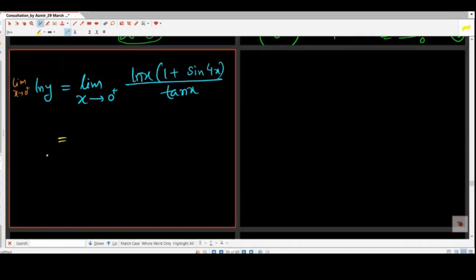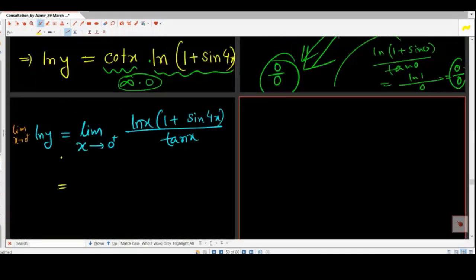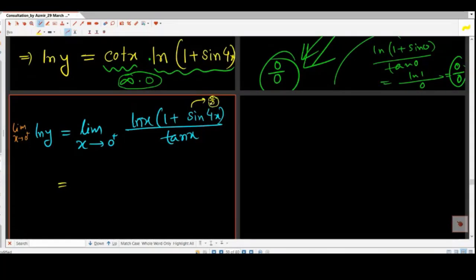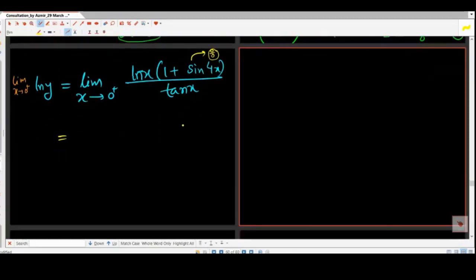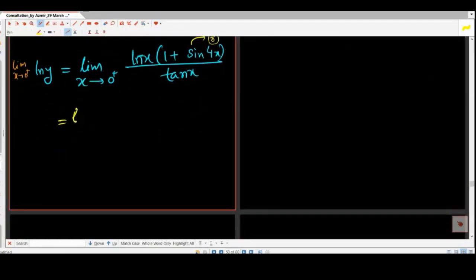So we can apply L'Hopital's rule now, because the function that we have on the right side has a limiting value of the 0 over 0 type. So that's why we can apply L'Hopital's rule. That means we can differentiate both functions separately.